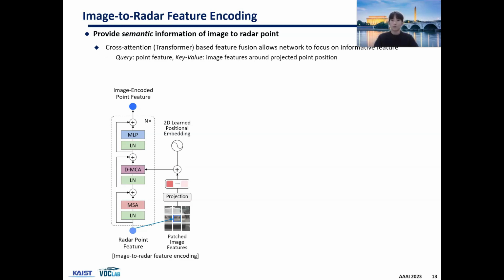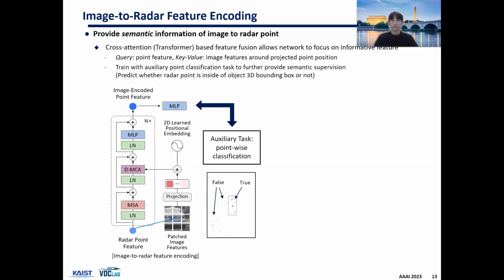As we want to encode the image feature into the radar point, we use the radar points as query and image features as key and value, and we use 2D positional embedding. We follow the conventional self-attention, cross-attention, and feed-forward network order from the transformer, and we adopt the pre-norm technique, which uses the layer norm before the attention operation for fast and stable training.